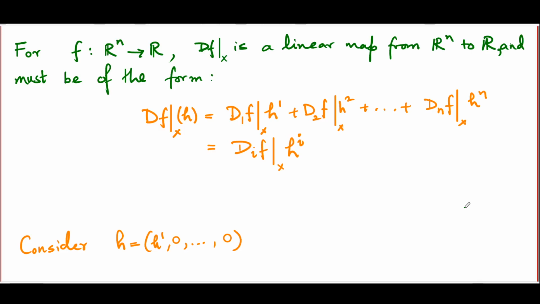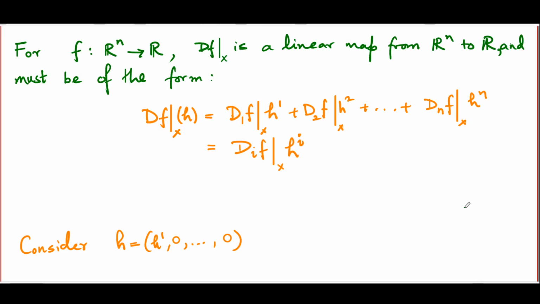Let me stress one thing here. As far as d of f at x acting on an argument h goes, this h does not have to be a small vector in any sense of the word. h can be a pretty large vector. A linear map will definitely act on that.